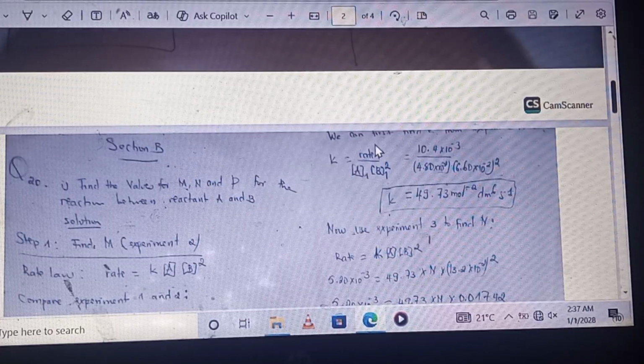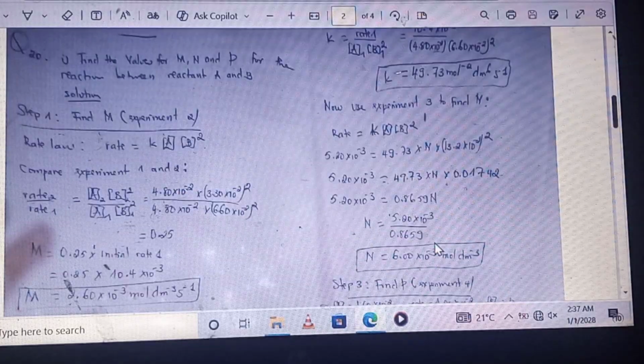You see that the constant is equal to rate 1 over concentration 1 times concentration of B squared. We put in its values, and you see the constant is equal to 49.73 mole decimeter power 6 per second. Now you use experiment 3 to find N.